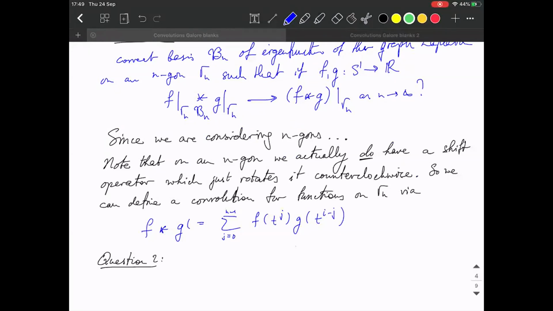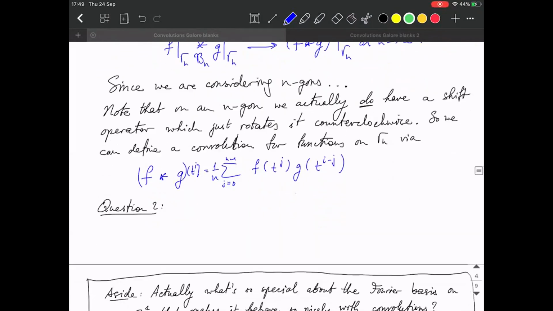So this is at t to the i. We can define a convolution in this way, and let me normalize it as well. I'm going to divide by n here.